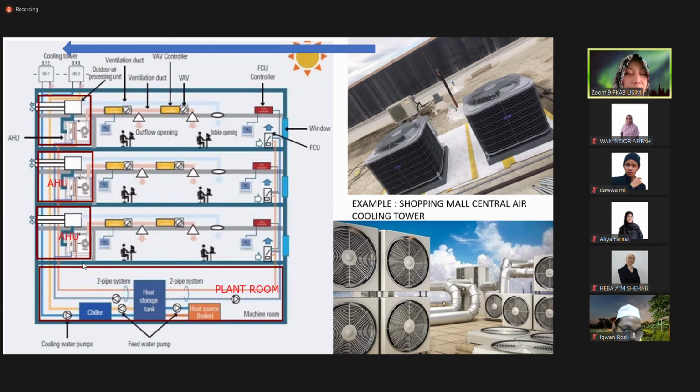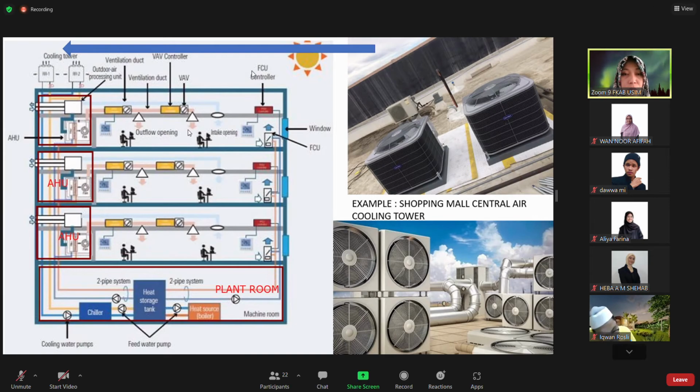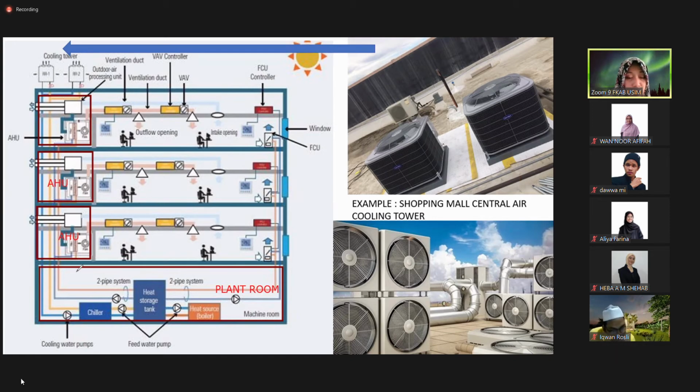Okay, why do they need the AHU? Okay, you see this photo. From this plant room, see the blue one, see the red one. The red one is a different thing. The red one is the heat source, the heat storage tank.